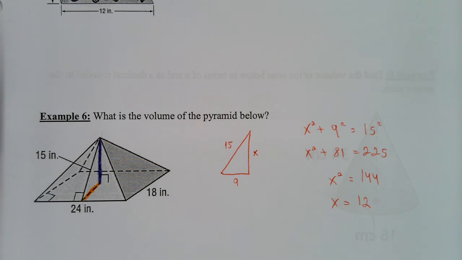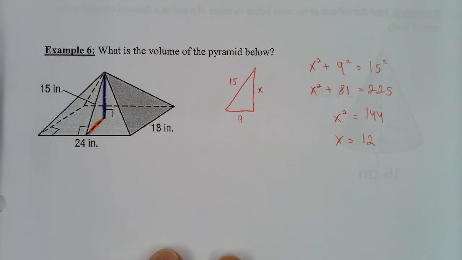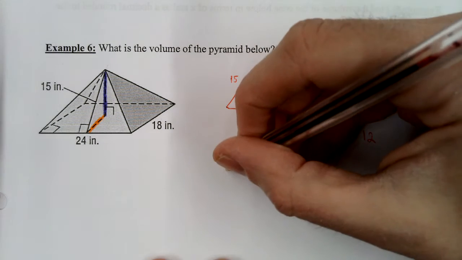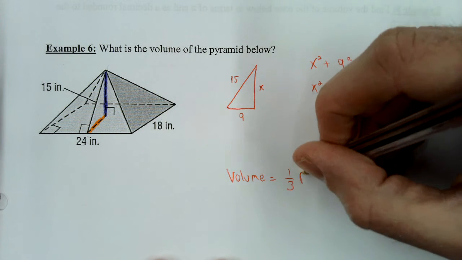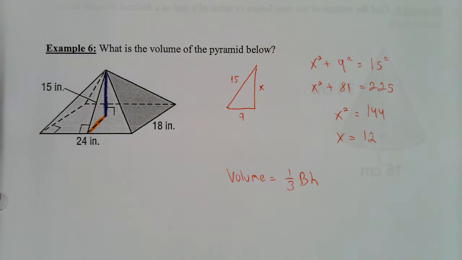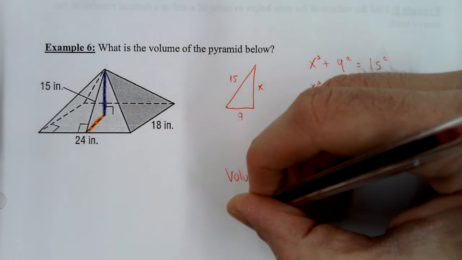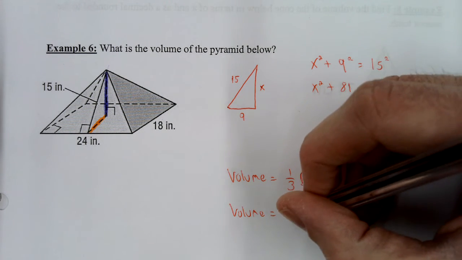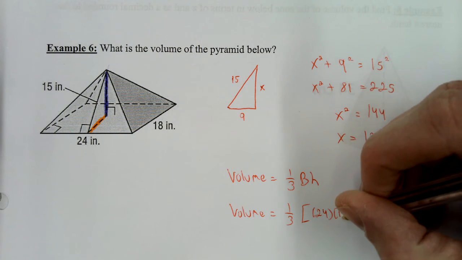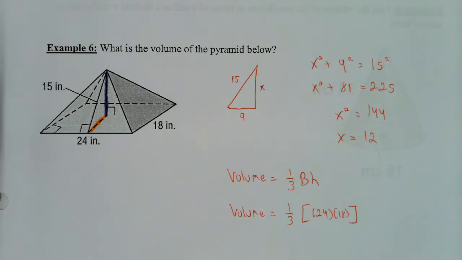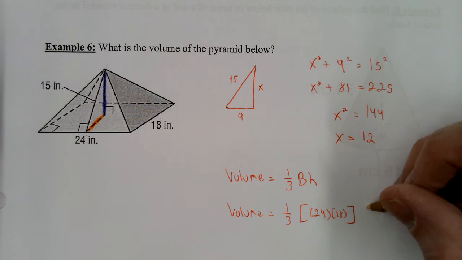So now I'm going to go into the formula for the volume of the pyramid. Volume equals 1/3 times area of the base times the height. The base is a rectangle, so I'm going to do 24 times 18, times the height of the entire pyramid, which we just established was 12.